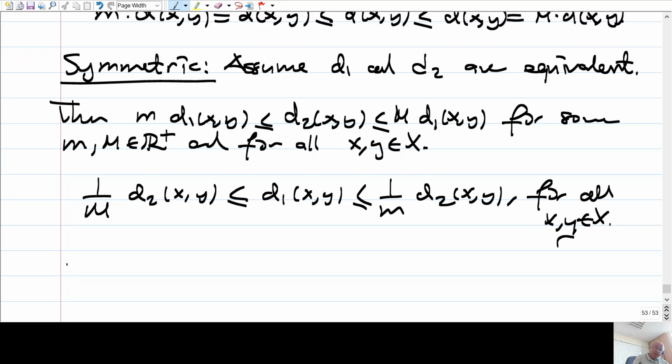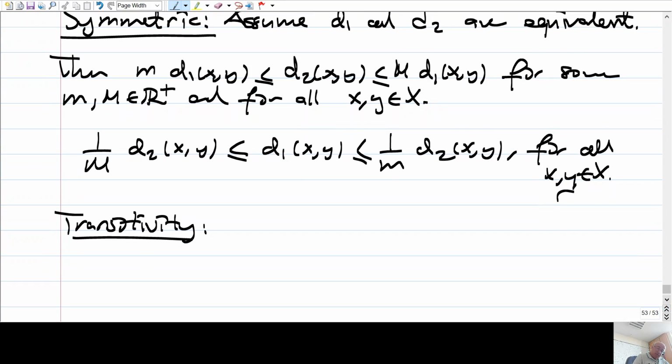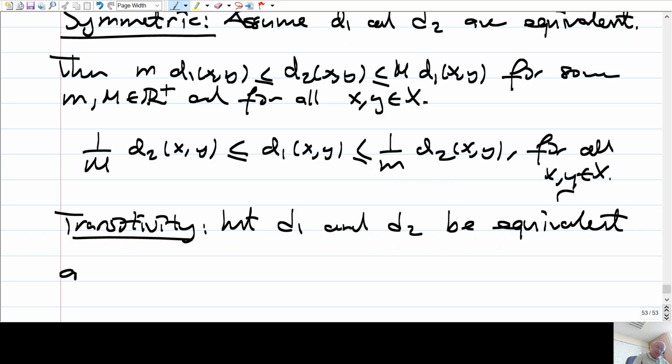For the transitivity, all right, so let d1 and d2 be equivalent, and d2 and d3 be equivalent.